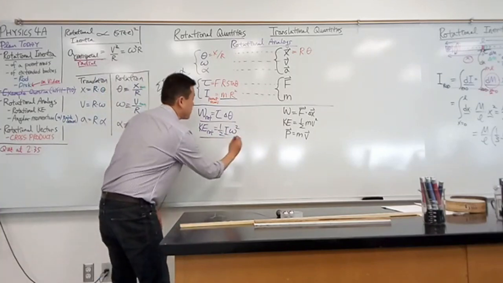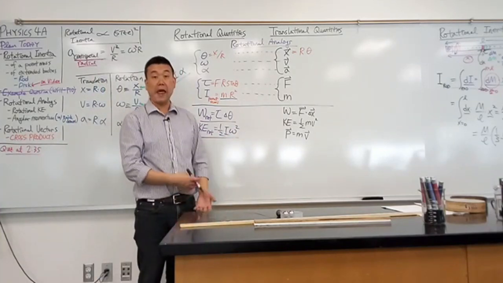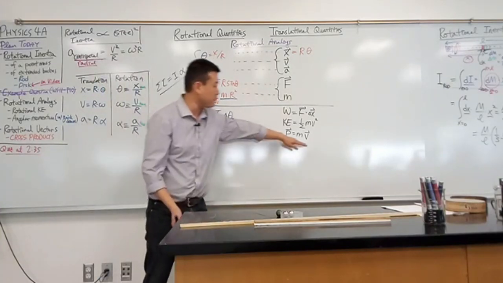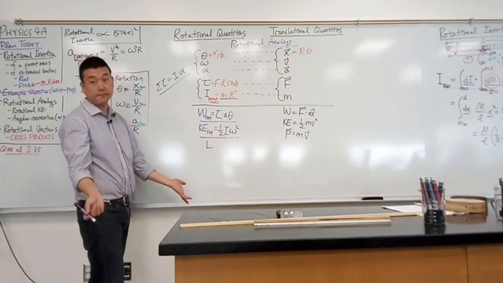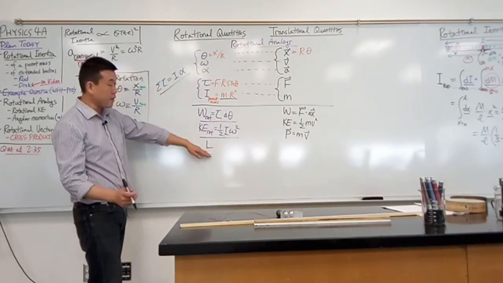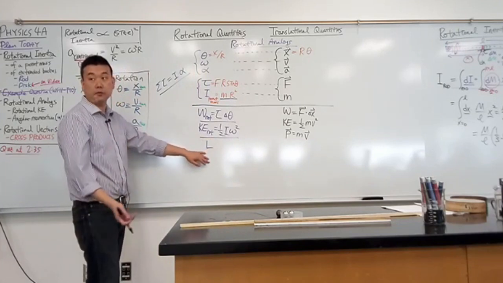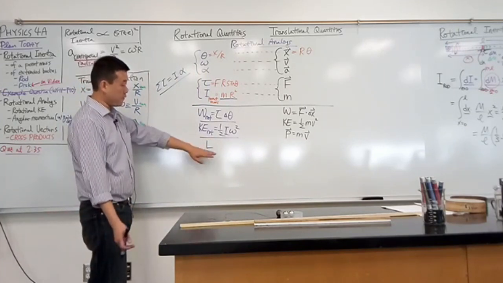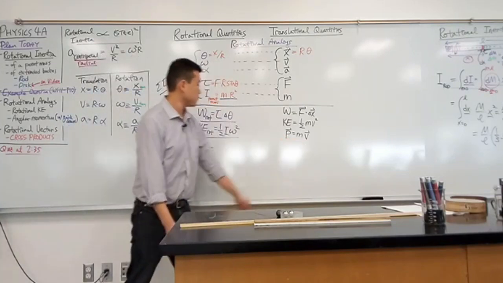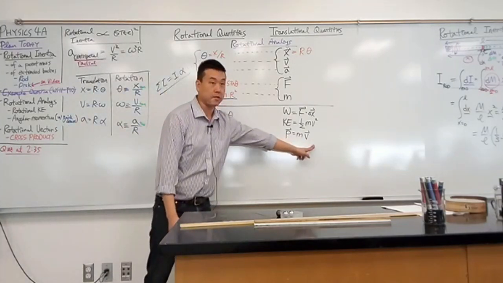And let me finish this up here with what we are going to call angular momentum. Angular momentum, we use the letter L for some reason. And we are going to describe this angular momentum in a more fundamental way on Thursday. But let me write down another version that's based on this. So momentum is mass times velocity.